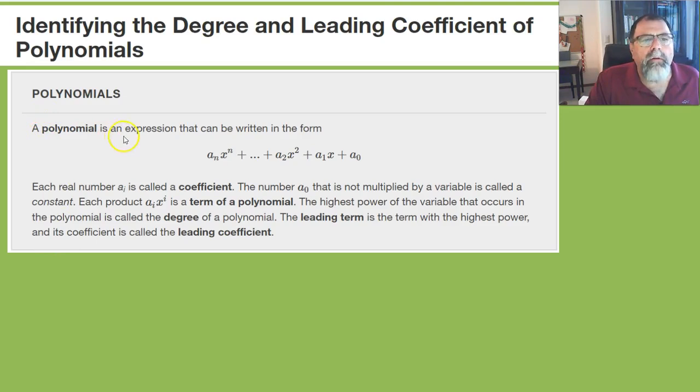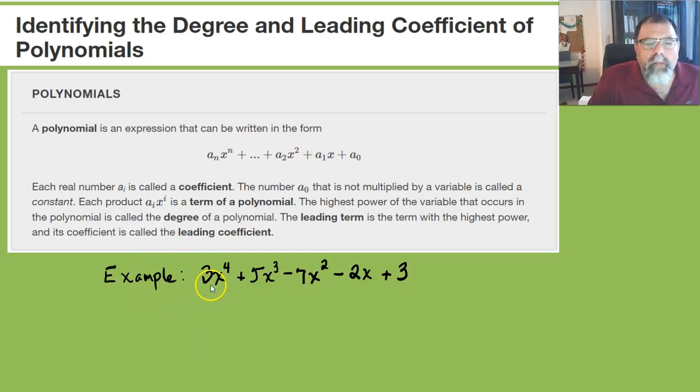A polynomial is an expression that can be written in the form a sub n x to the n plus ... plus a sub 2 x squared plus a sub 1 x plus a sub 0. I'll give you an example.